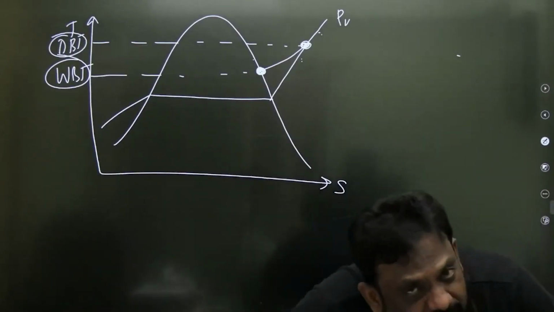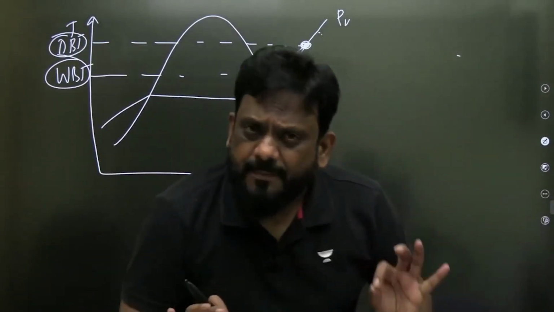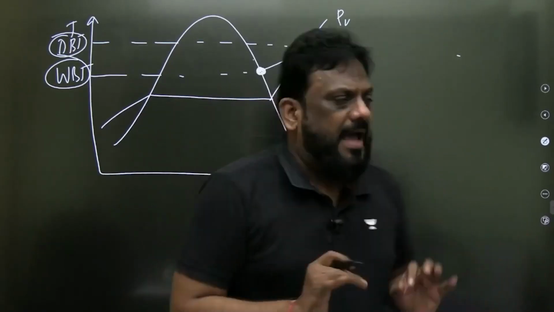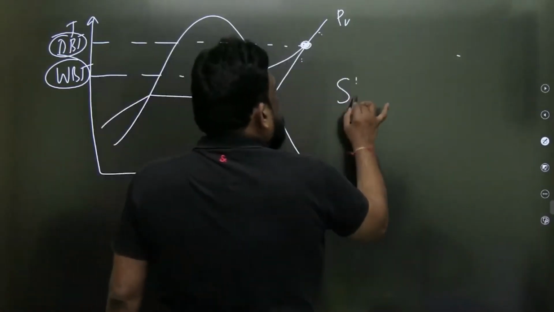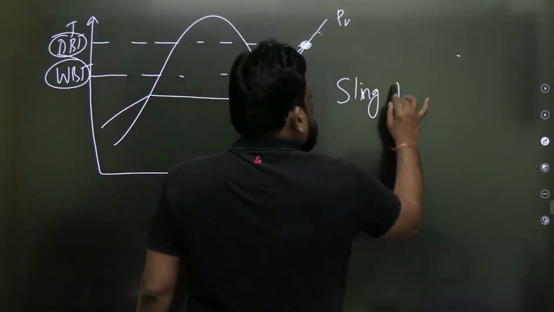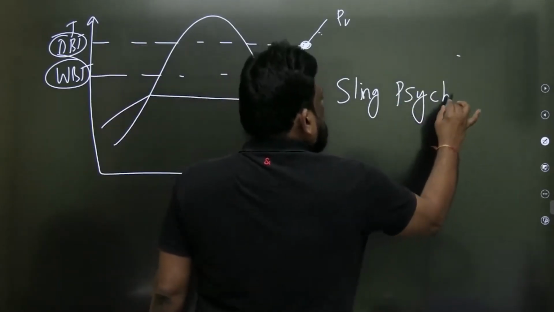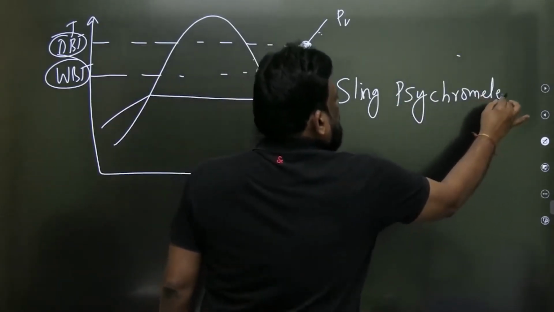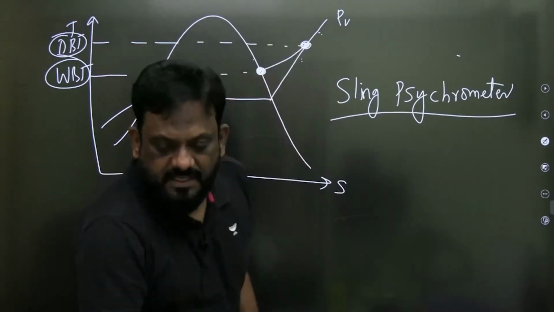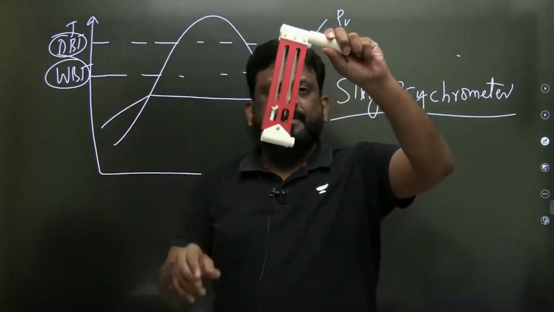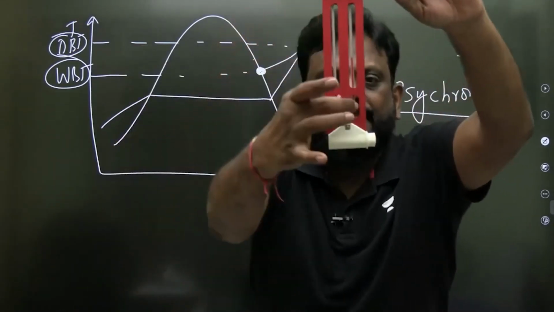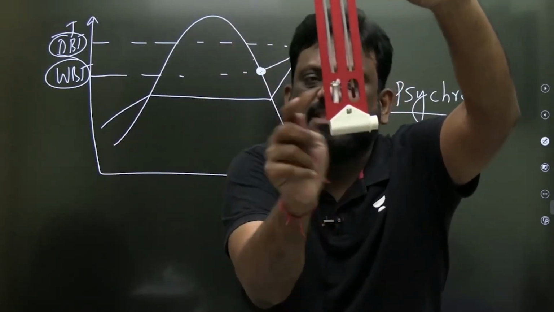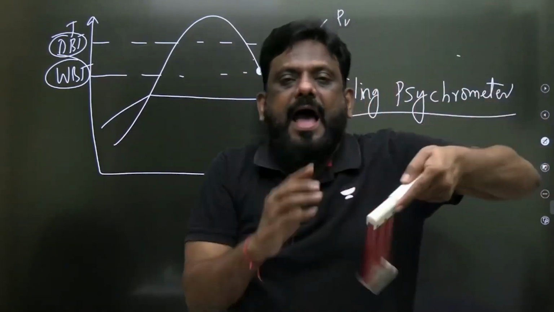We will take a physical feel of this. Actually, there is one device known as sling psychrometer. This is our sling psychrometer. There is one thermometer which measures dry bulb. There is another thermometer with a wet cloth. I have an opening.